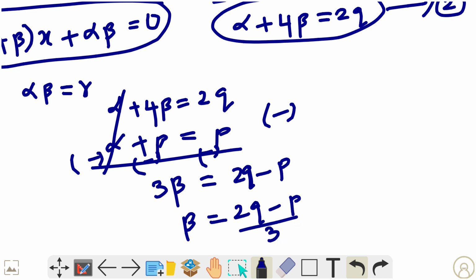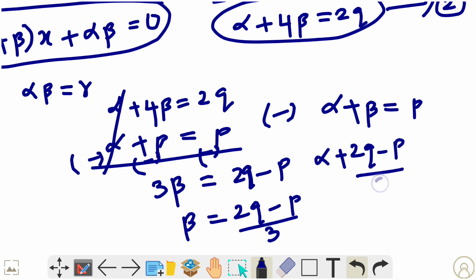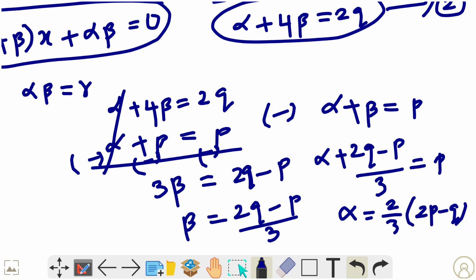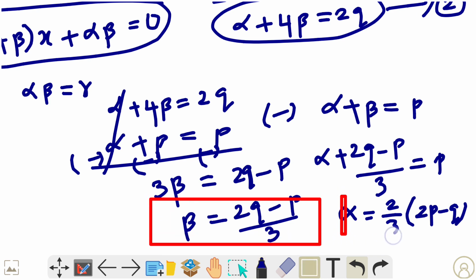Using the first equation, alpha plus beta is equal to p, I put (2q − p)/3 instead of beta. So alpha is equal to 2/3 into (2p − q). So we found alpha equal to this and beta equal to this.